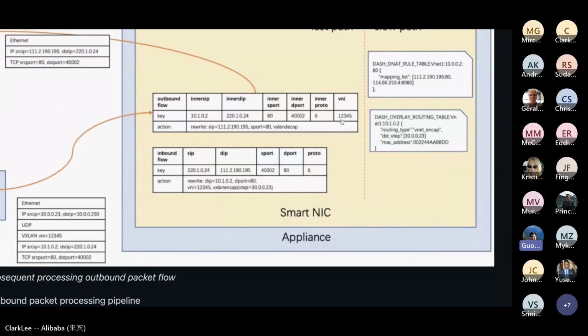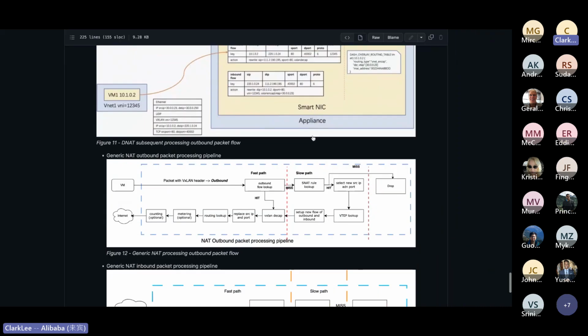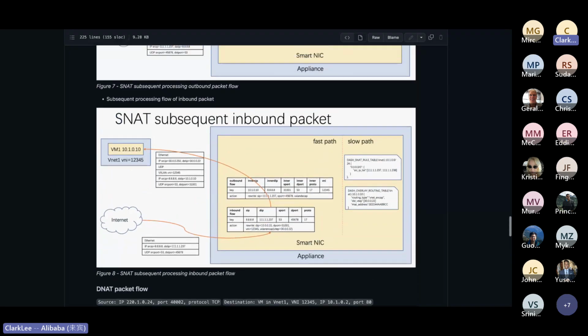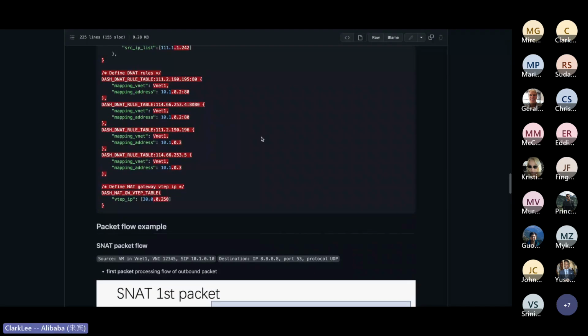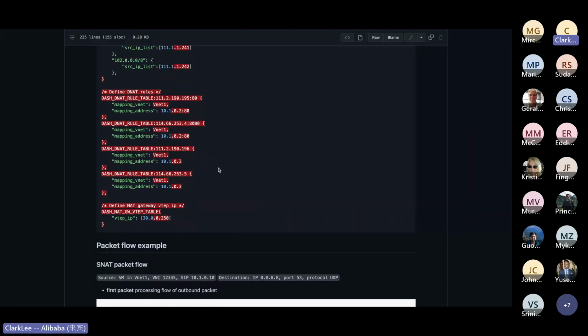So in this case, isn't it that we can introduce some kind of similar concept of ENI and then do the classification, right? So then it would be more similar to the dash pipeline. Yes, we can do something for it. I updated another place. This is the DNet rules. Actually, this one is similar to the ENI concept.